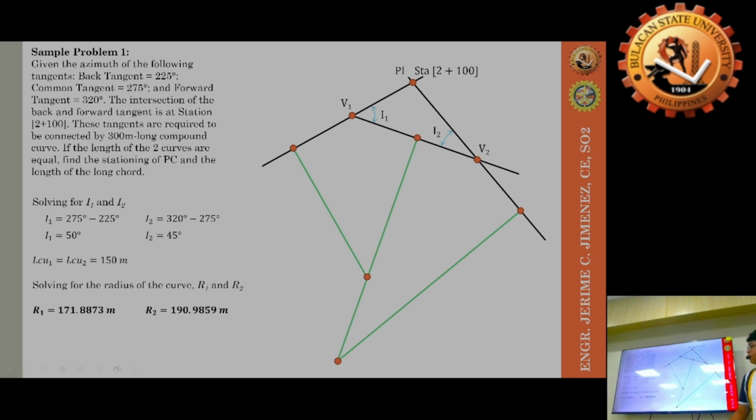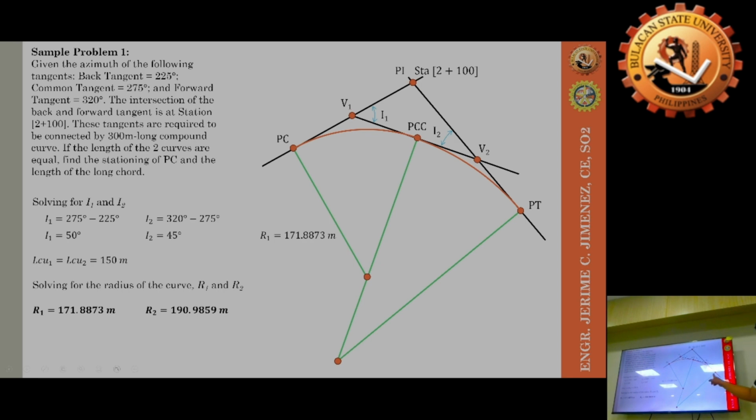Okay? Then we can now draw the curvature 1 and the curvature 2. Okay, lagyan ko lang ng pangalan, PC, PCC, and the point of tangent C. From PC to the origin, that will be your radius sub 1.